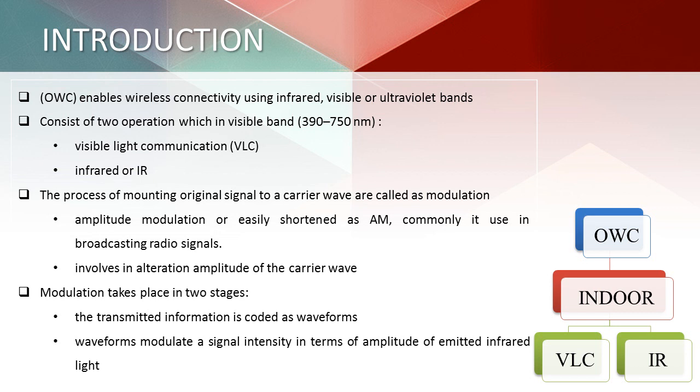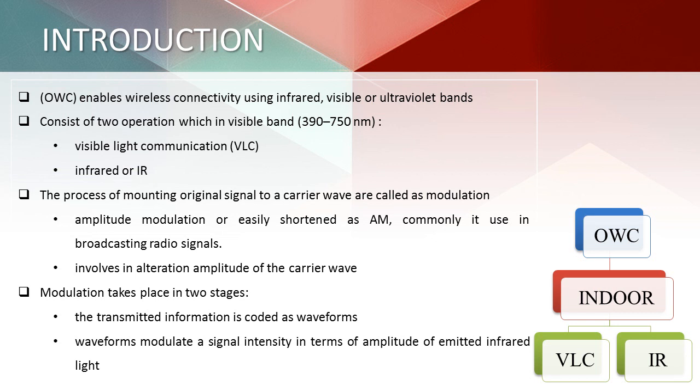It consists of two operations in visible bands: visible light communication, VLC, or infrared, IR. IR typically uses a laser transmitter. It also offers a cost-effective, protocol-transparent link with high data rates.